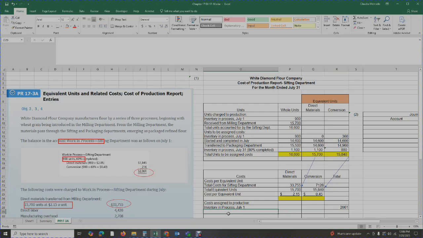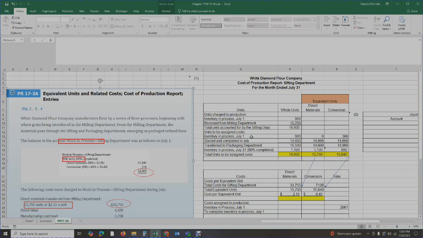Then we're going to go ahead and we're going to bring in the next item. To complete inventory in process, July the 1st. Okay. So to complete the inventory in process, July the 1st, okay, what do we have here?